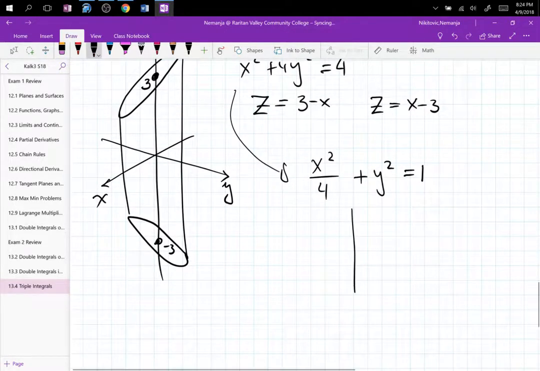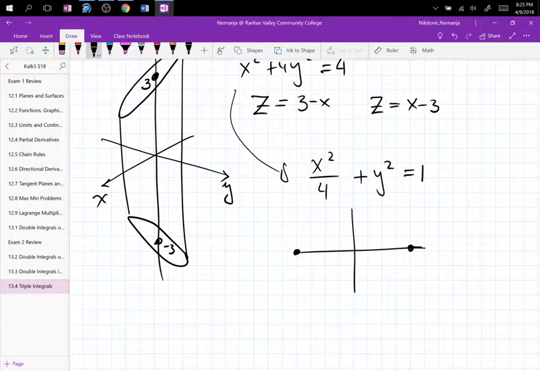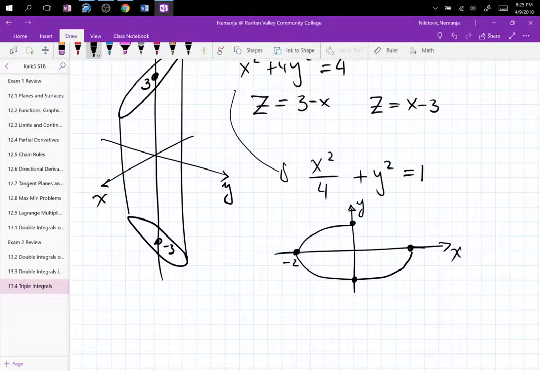And from here we can see that our ellipse has 2 units in the x direction and 1 unit in the y direction, which creates our domain, this ellipse.